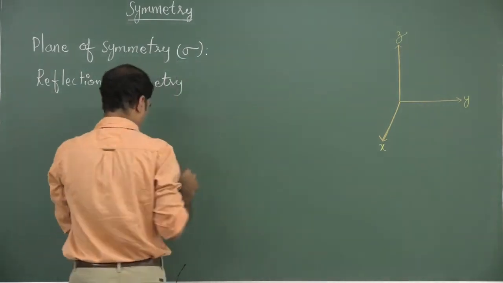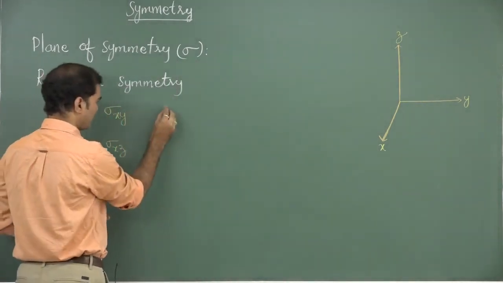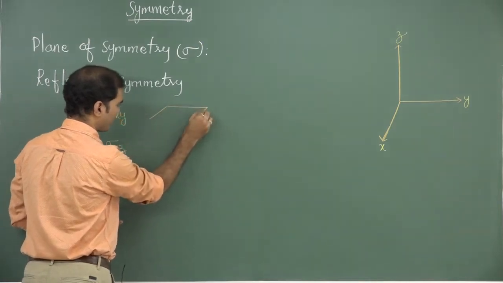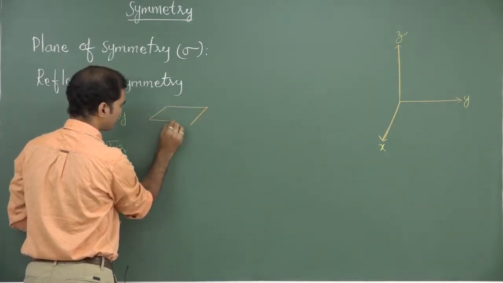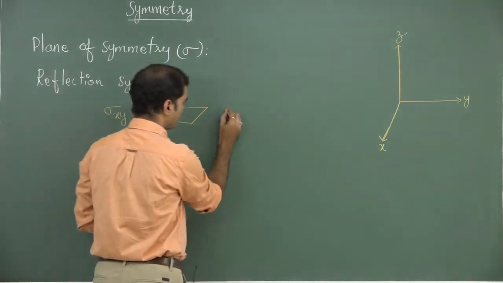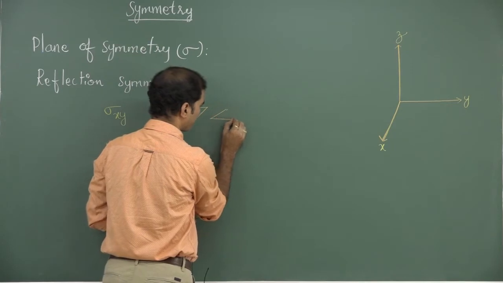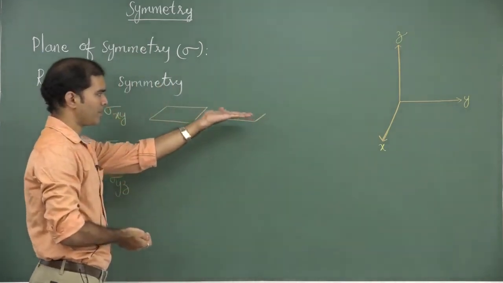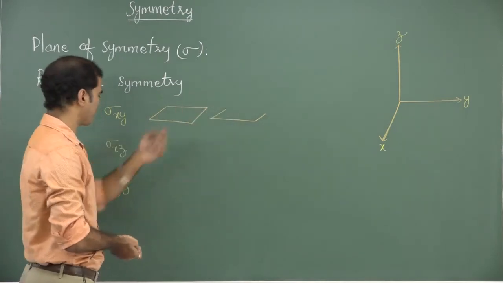With respect to this, I am drawing them. To represent the xy plane, I may draw a full plane, or only half a plane can be represented. So even if I draw it this way, you have to imagine that it is an xy plane.